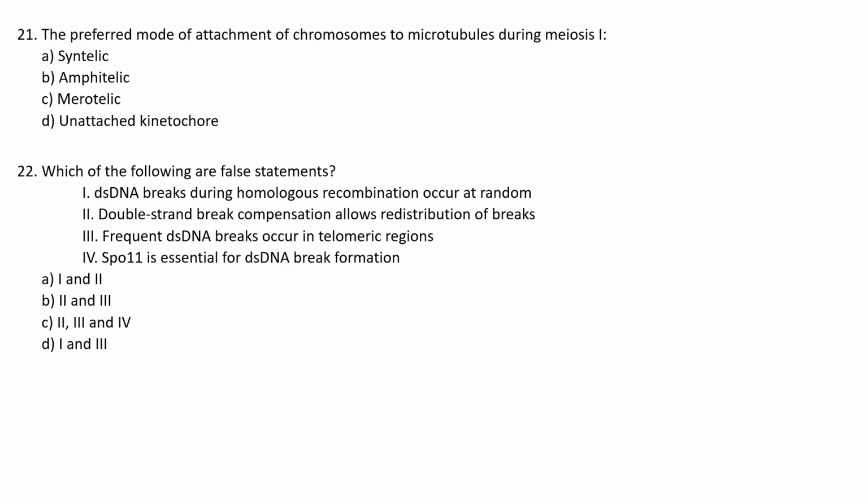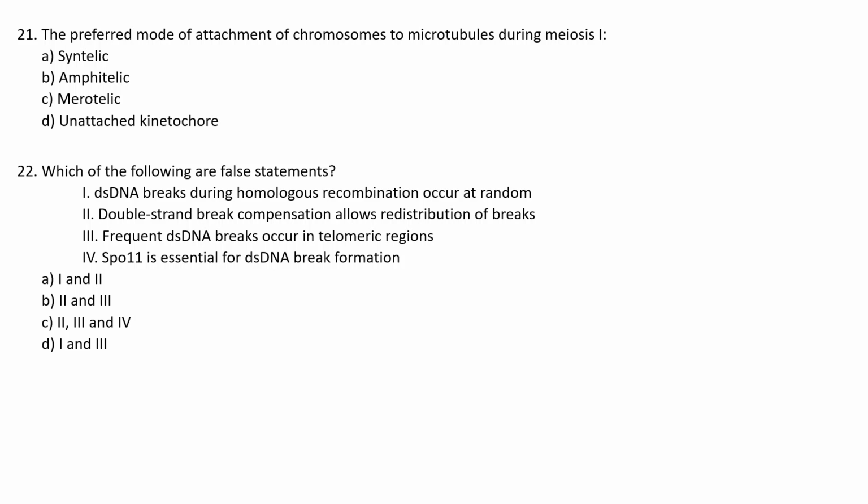So ds-DNA break compensation does allow redistribution of breaks. Sentence number 2 is correct. And lastly, number 4, SPO11 is essential for ds-DNA break formation. This is in the case of budding yeast, and that is true.